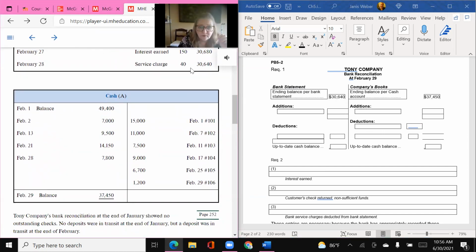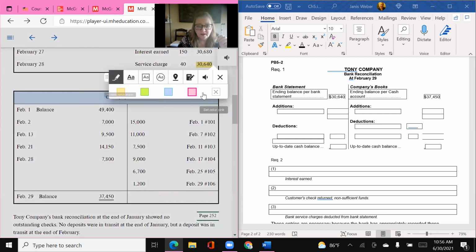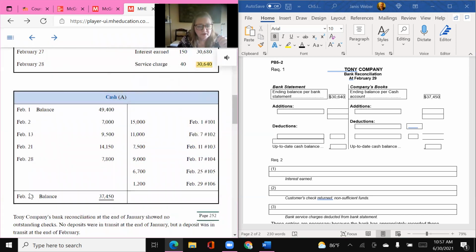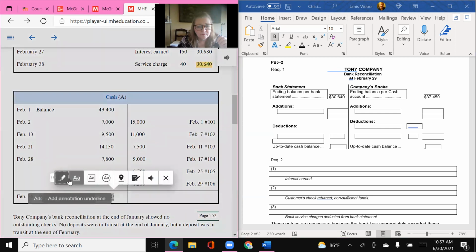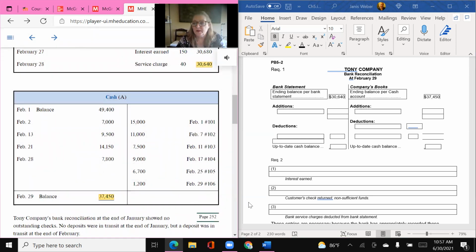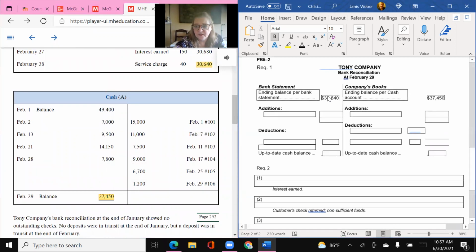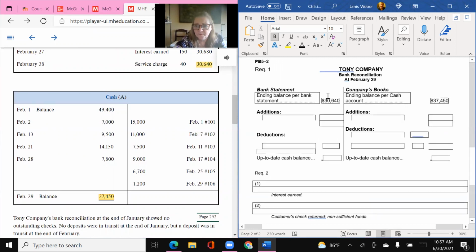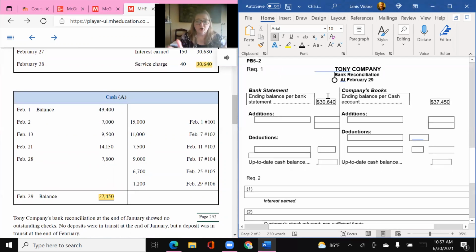So I just pulled from the data set, I pulled the bank balance. I want to highlight it. And I pulled the book balance. Okay. So that's where these two numbers came from. Make this just a tiny bit bigger so we can see it better. Okay, so we start with that.